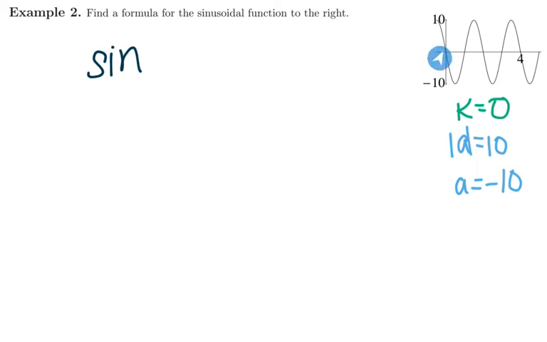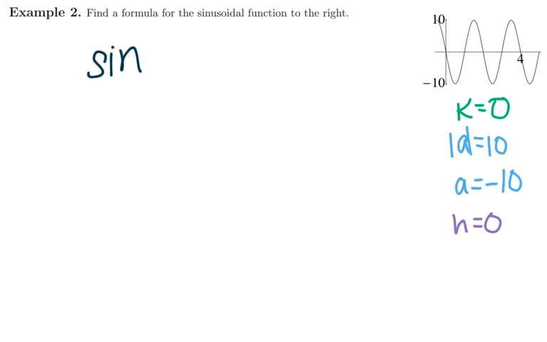Since we chose the sine function, it's pretty convenient because this graph starts right here at the middle of the graph, right on the origin. That means that since we're using sine, we don't have to worry about a horizontal shift at all. So we can go ahead and just say that our h is 0. And then the last thing we have to worry about is our b.